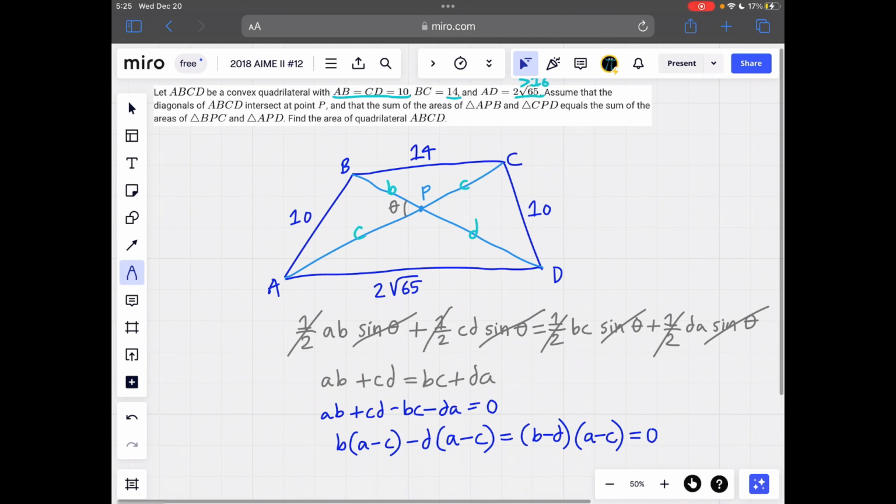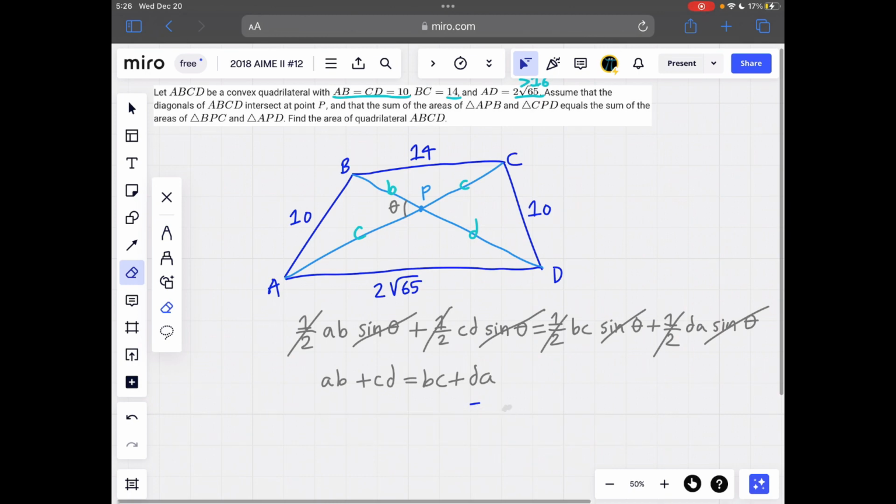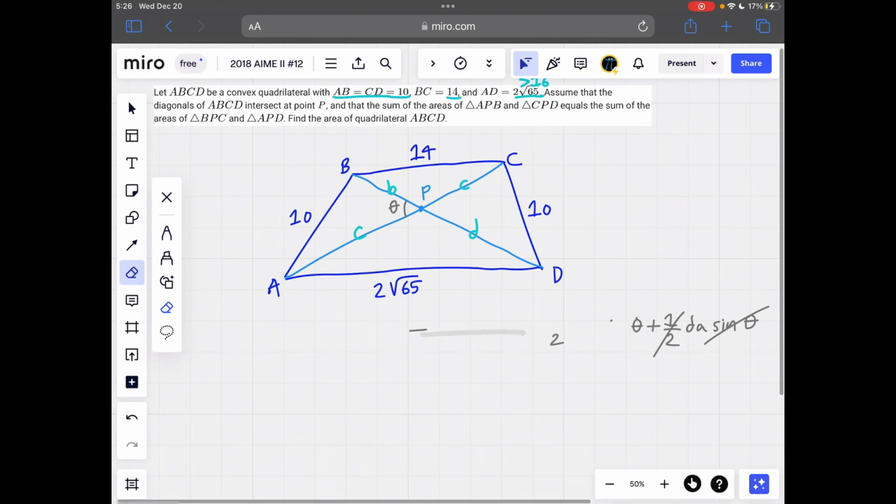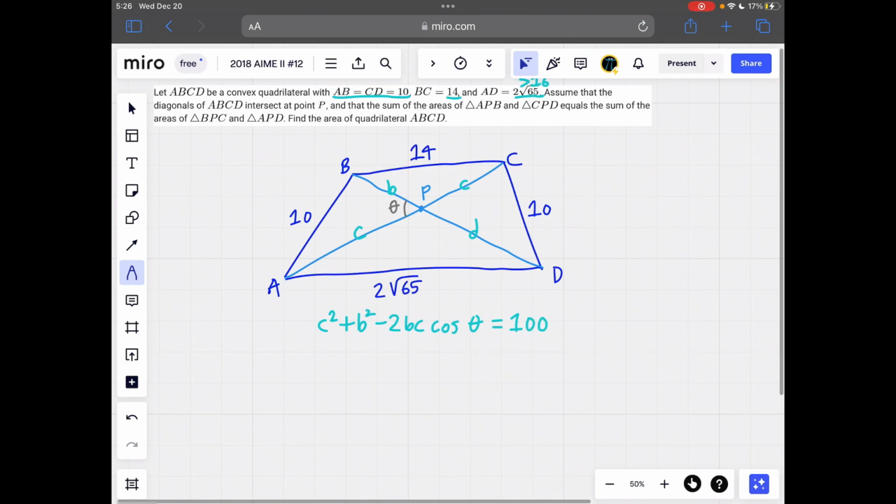Then we use the law of cosines on triangles APB, BPC, CPD, and DPA. We'll get some interesting equations using a, b, c, and d, and we can proceed from there. The first equation is c squared plus b squared minus 2bc cosine theta equals 10 squared, which is 100. We also have c squared plus b squared minus 2bc cosine pi minus theta, which becomes plus 2bc cosine theta, since cosine pi minus theta is the negative of cosine theta.